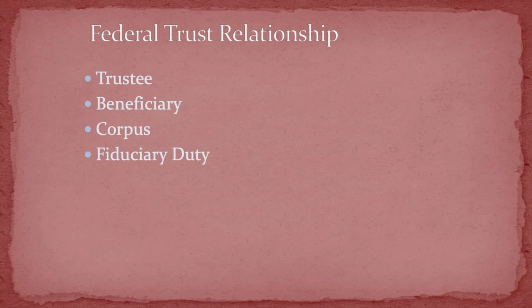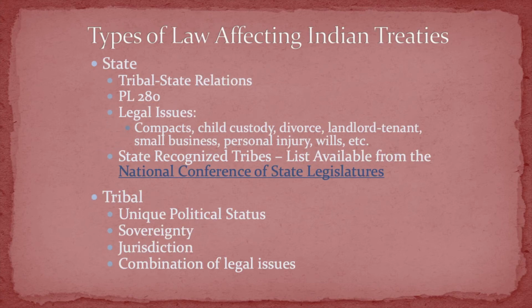So we're going to go through the history of Indian policies. And as we go through this history, I want you to think about this federal trust relationship that is being developed over this time period and is supposed to be in play when we look at these treaties. We also have other laws that actually affect Indian treaties besides federal law.